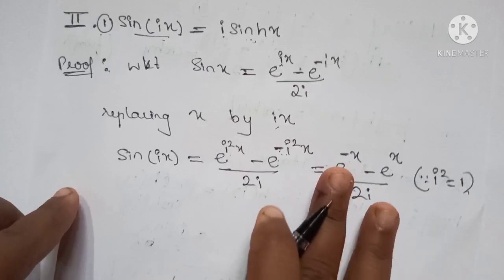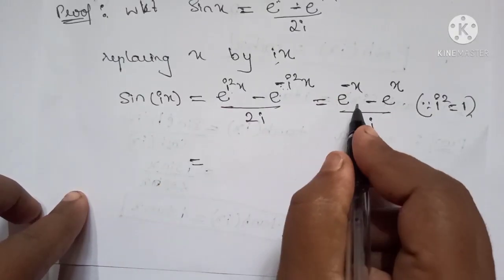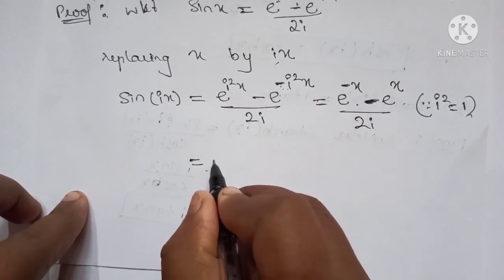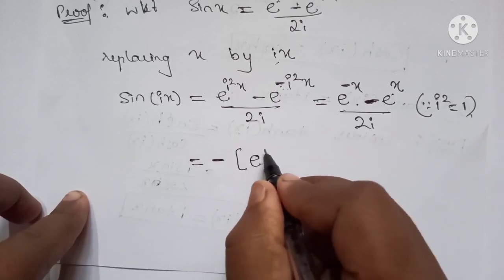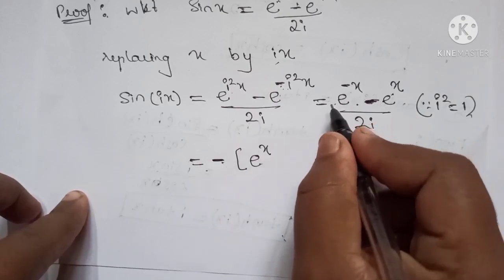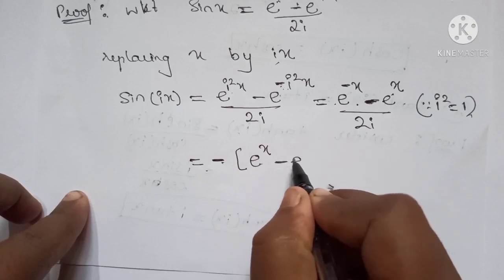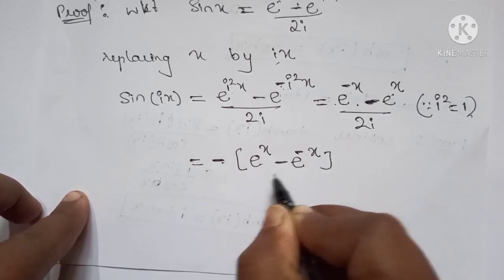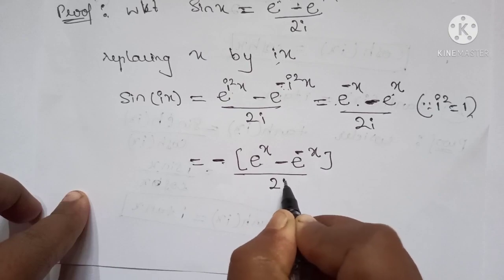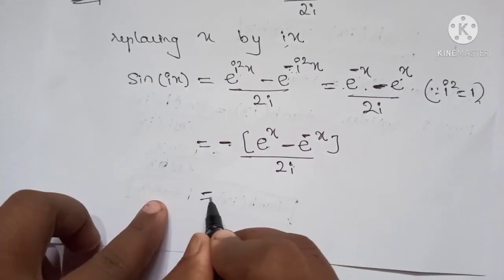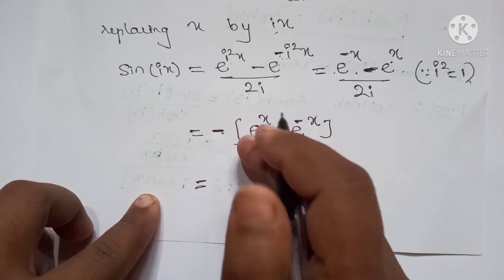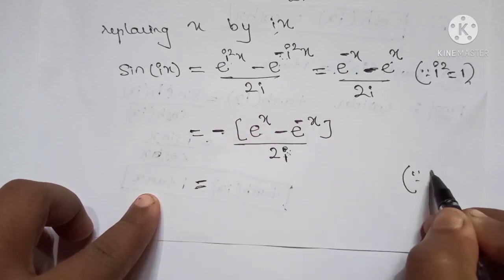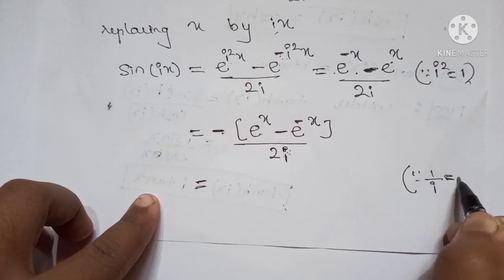Now if I take the minus sign outside, we get minus of e raised to x minus e raised to minus x, divided by 2i. Now if I take this 1 by i to the numerator, we know that 1 by i is equal to minus i.